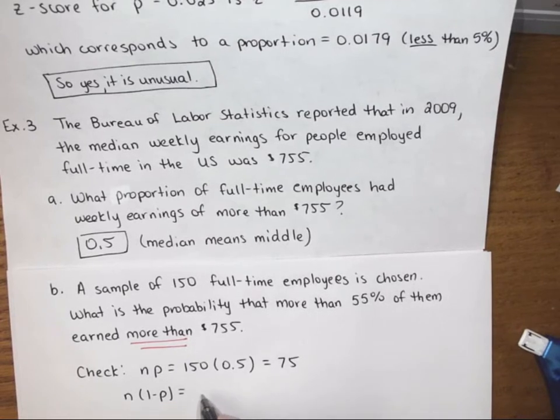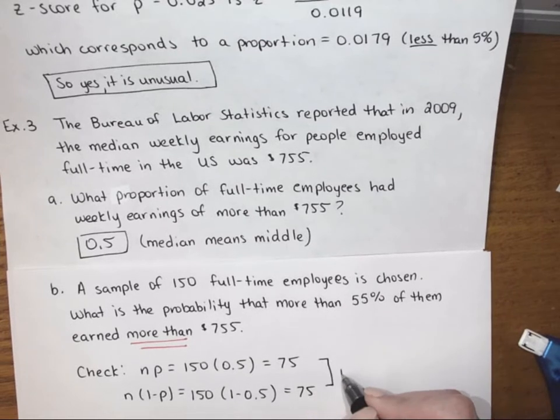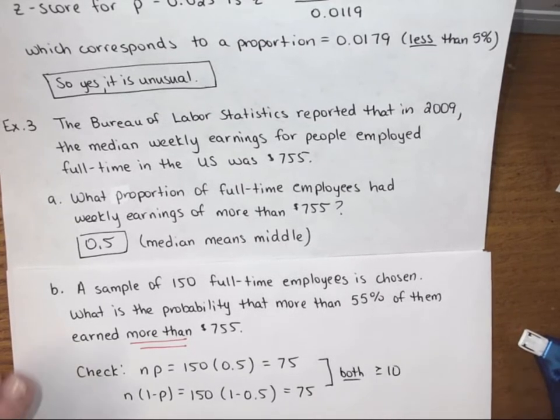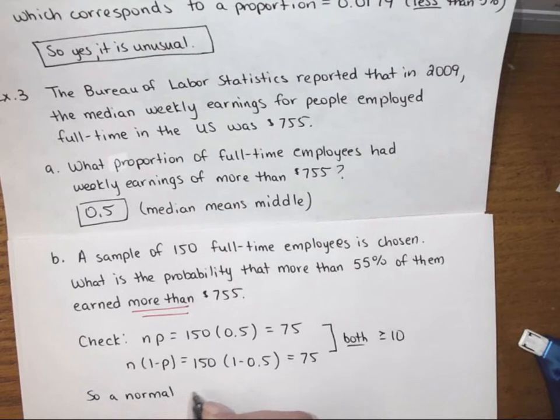Notice in this case we're actually going to get the same thing, only because 1 minus 0.5 is also 0.5. So we get 75 in both cases, and notice these are both greater than or equal to 10. So it means we can go on. It means a normal curve, a bell curve can be used.